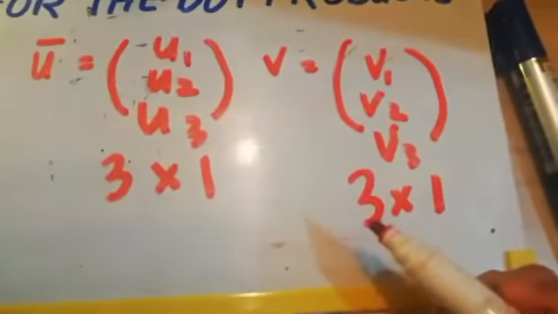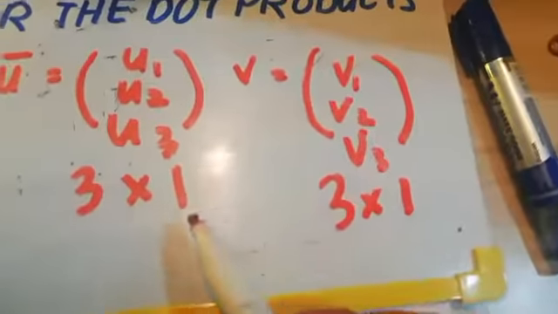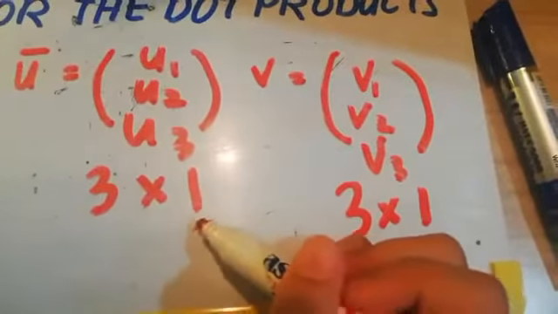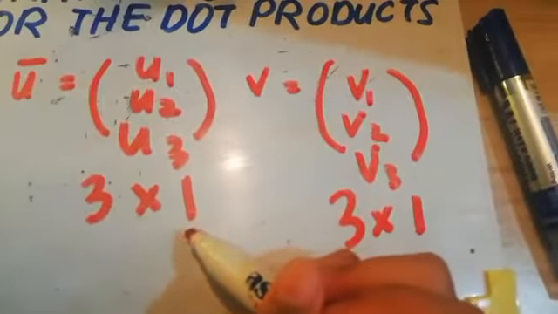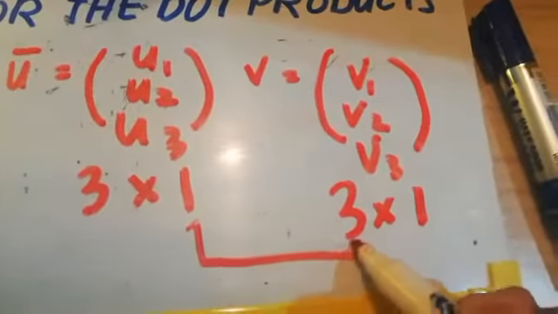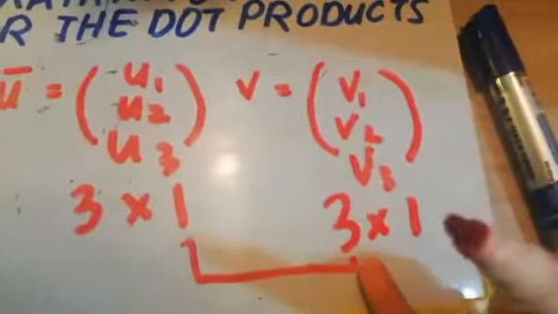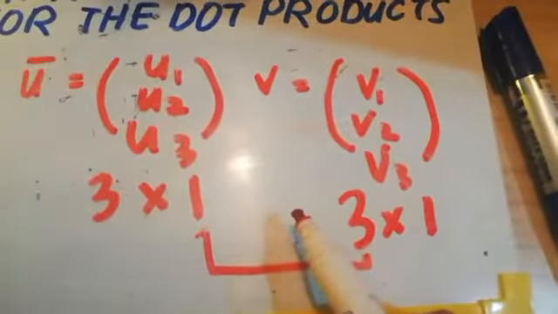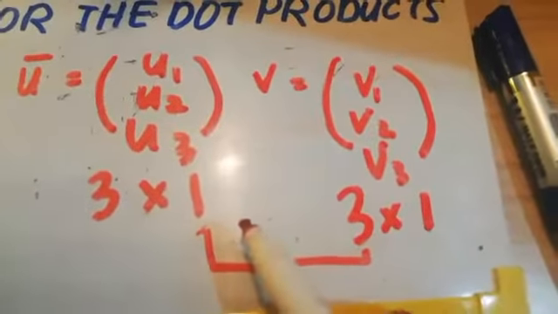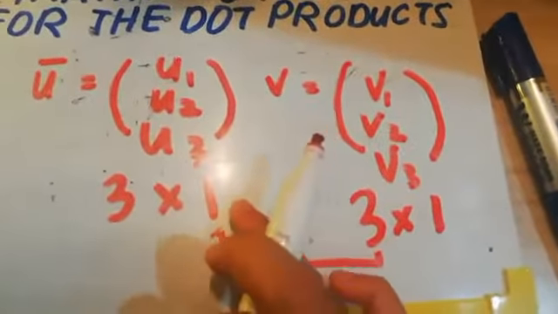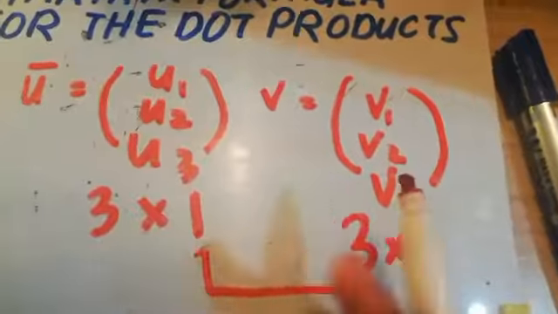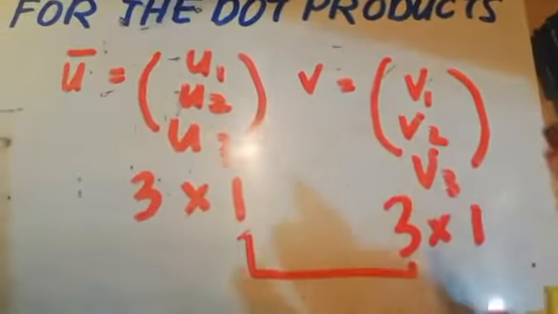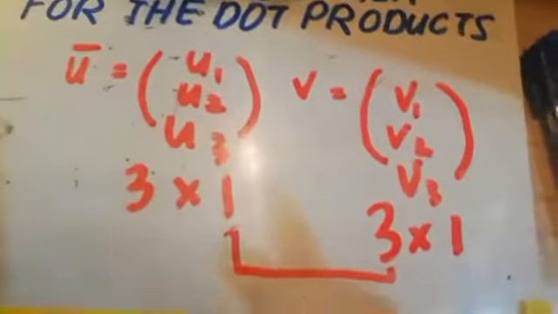But in matrices, if we want to multiply them, the first matrix's columns and the second matrix's rows must have the same size. But here we have 1 and 3, so we cannot do the matrix multiplication.